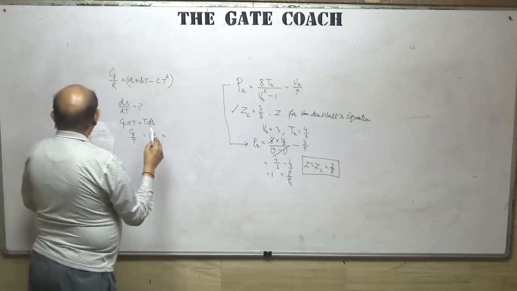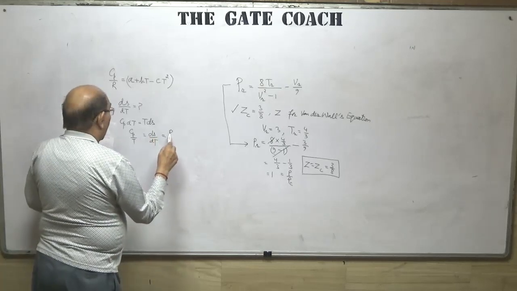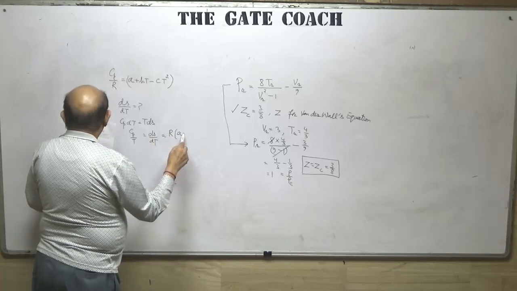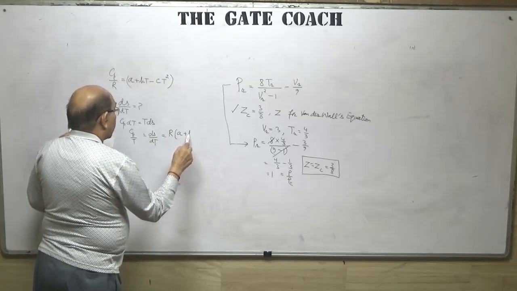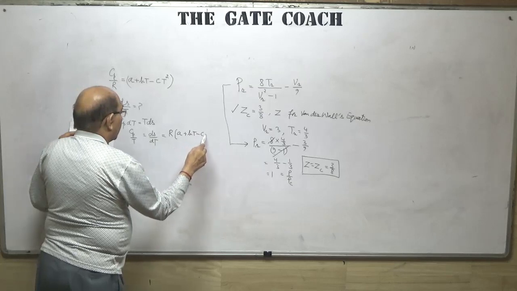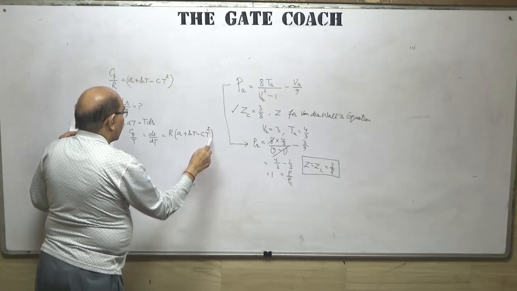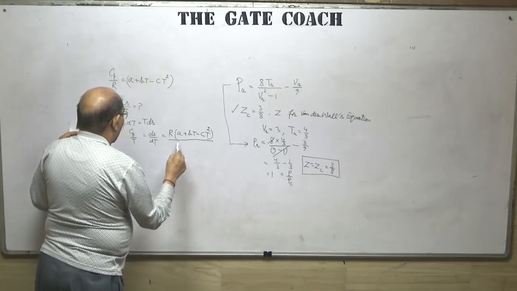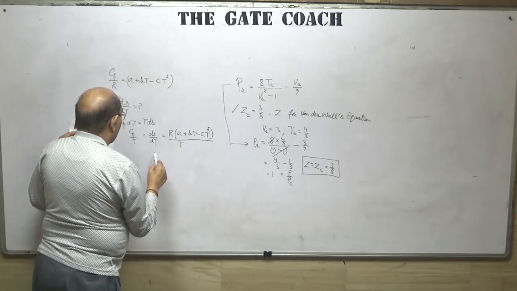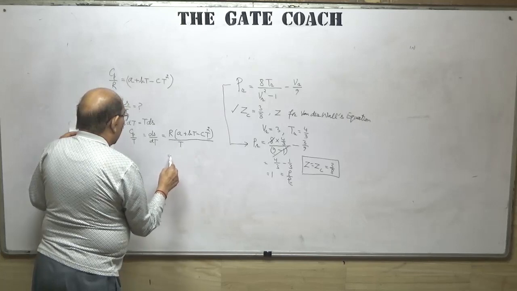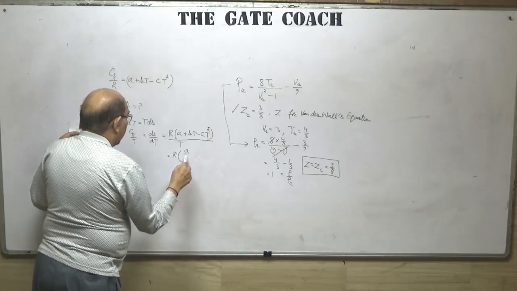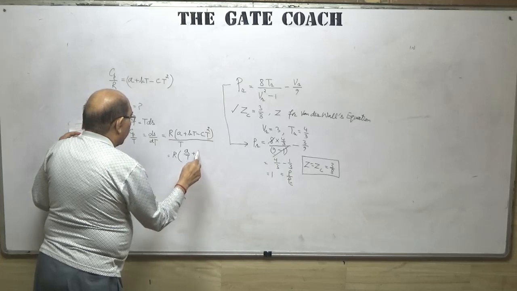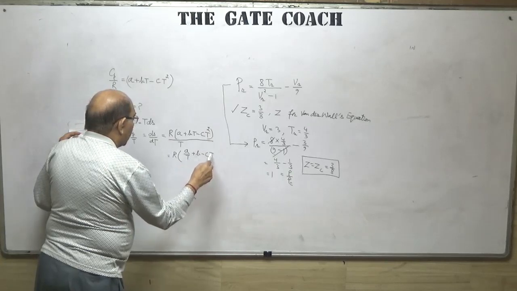And Cp is given by R into A plus Bt minus Ct square. This is Cp upon T. And this becomes R into A by T plus B minus Ct.